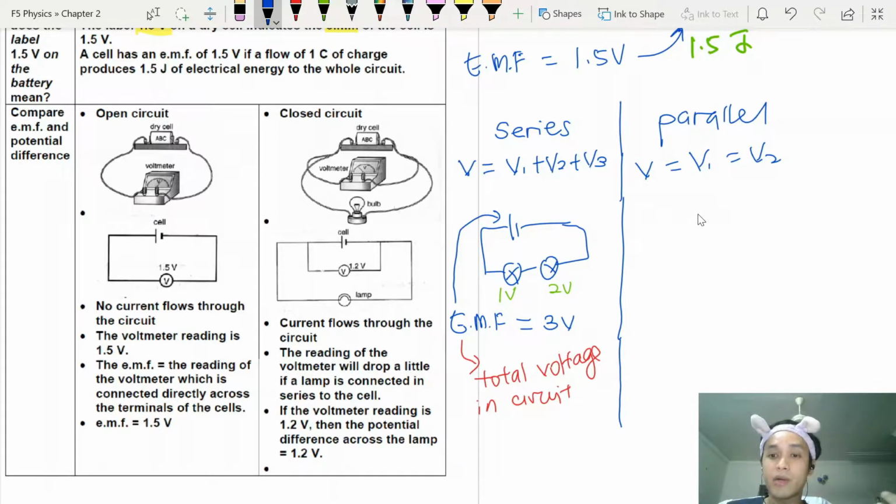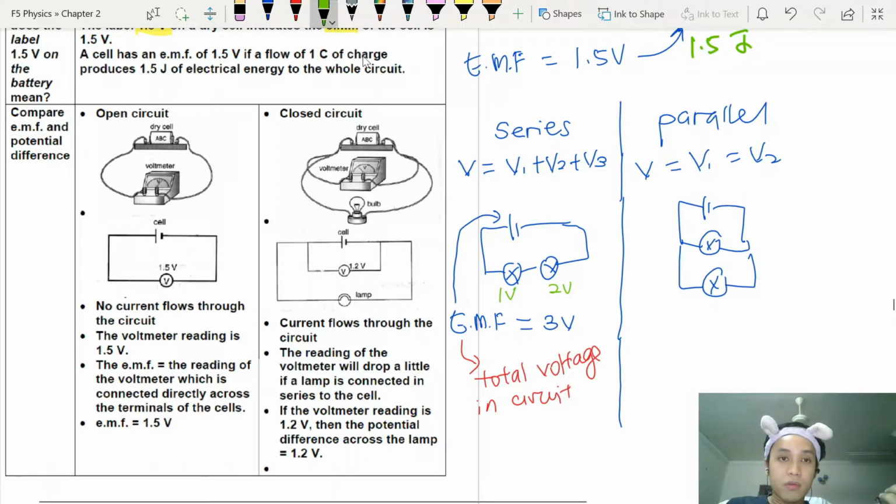Now what about for parallel? You need to remember that for a parallel circuit, your voltage will always be the same. So if this is 2 volts, this is 2 volts.